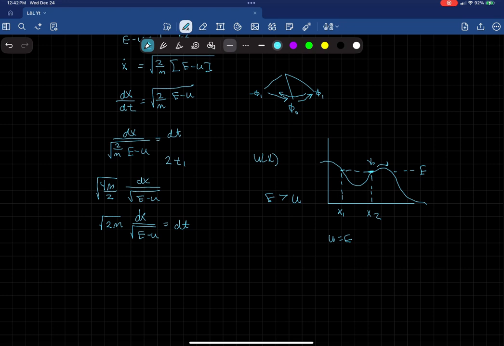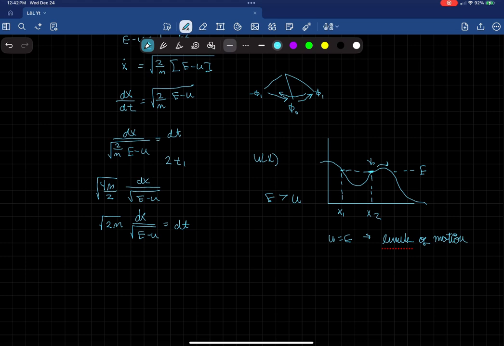Thus we can say that when U equals E, we get our limits of the motion. And these are also known as turning points of the system.